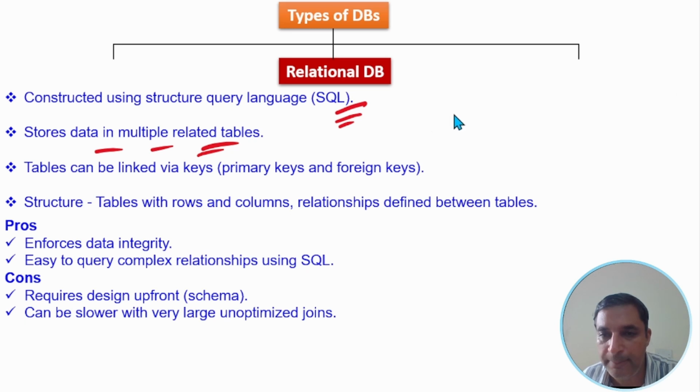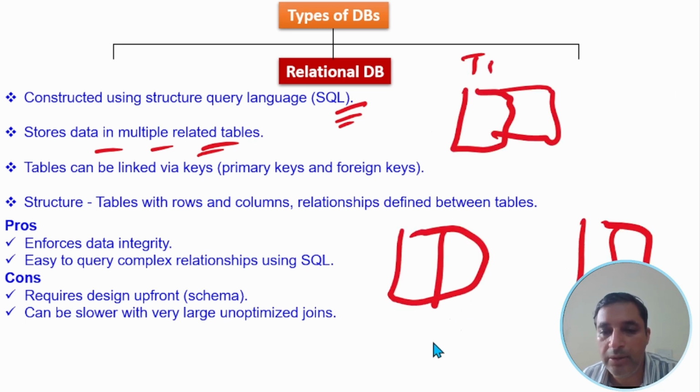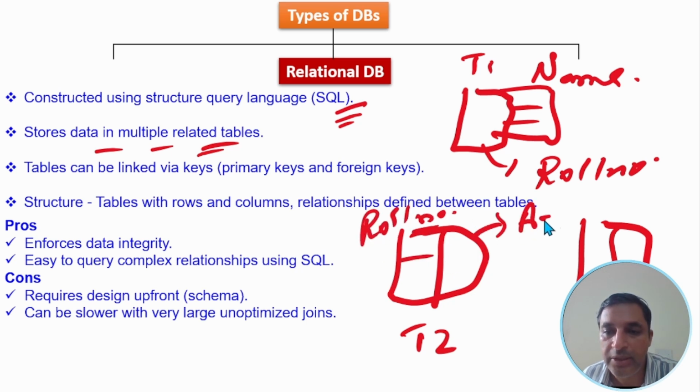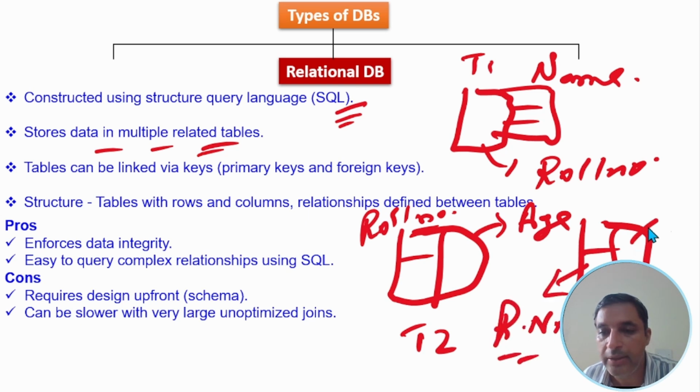Say, for example, you have three tables, T1, T2 and T3. In table 1, you write the names of the students and their roll numbers. In table 2, you again write the roll numbers of the students and their age. In table 3, you again write the roll numbers and their address.